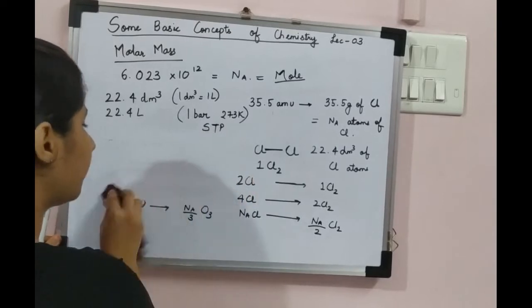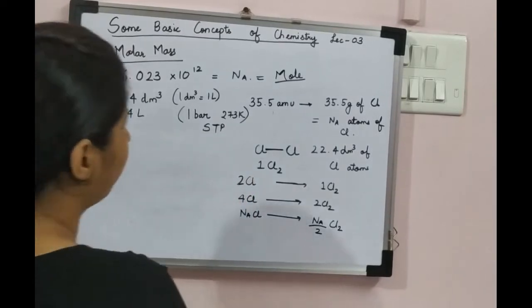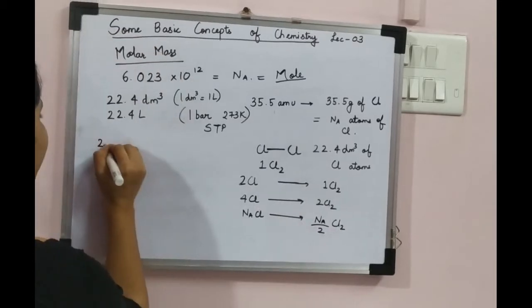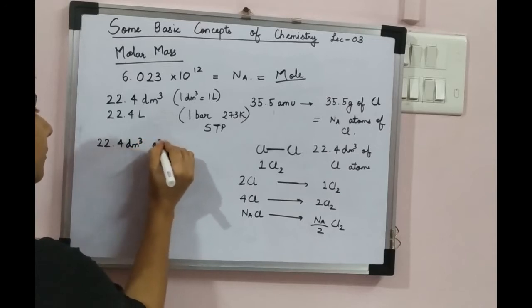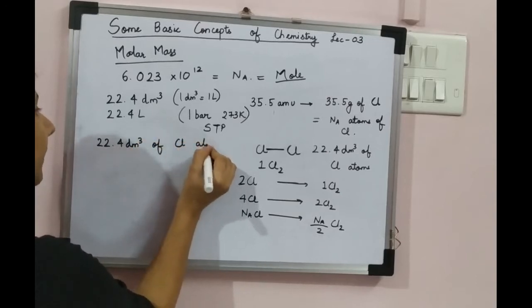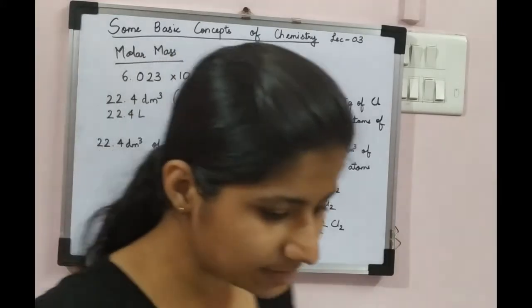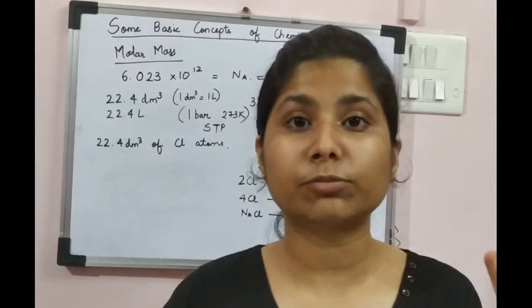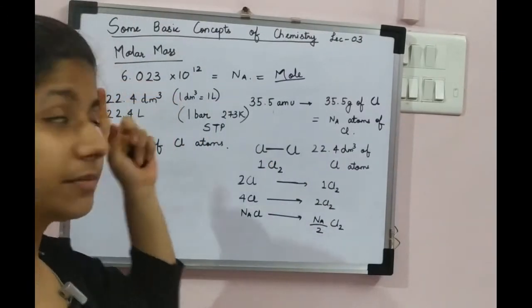I know that a chlorine atom cannot stay as an atom, it will combine into a molecule. So if I have 22.4 decimeter cube of chlorine atoms, what will they combine into? They will combine into molecules. Now why is this value 22.4 taken? Because this is the Avogadro number of atoms present.